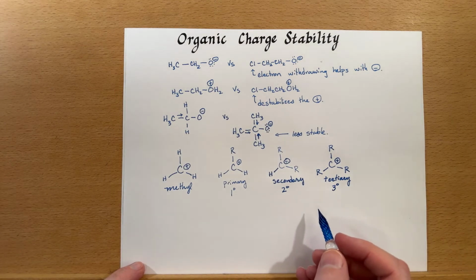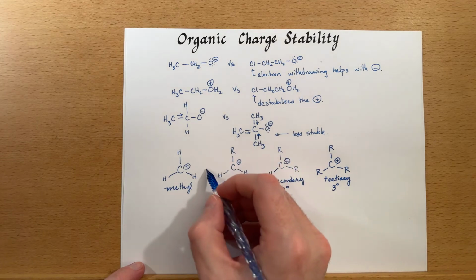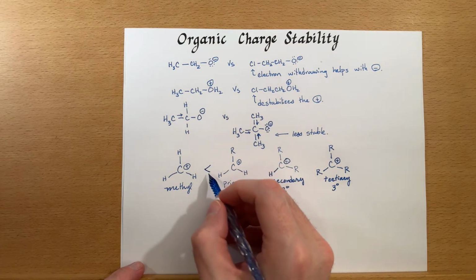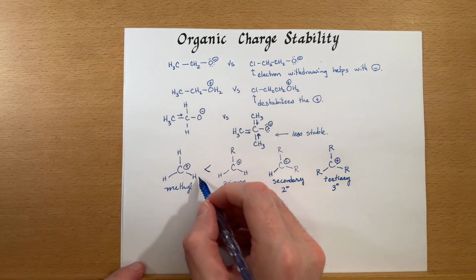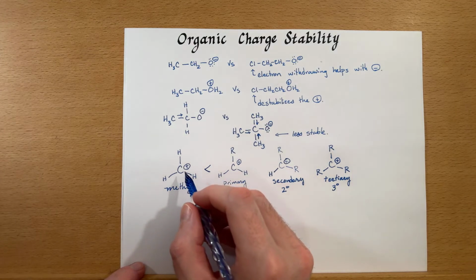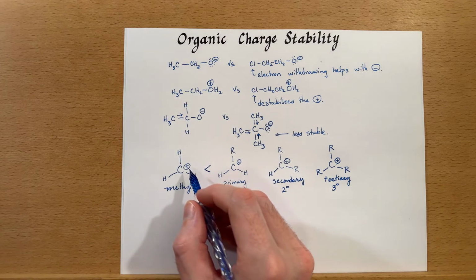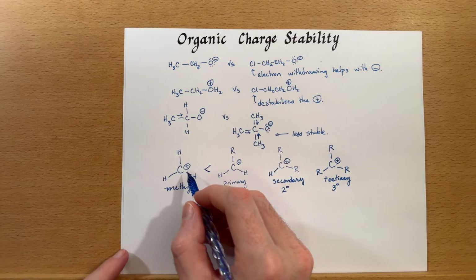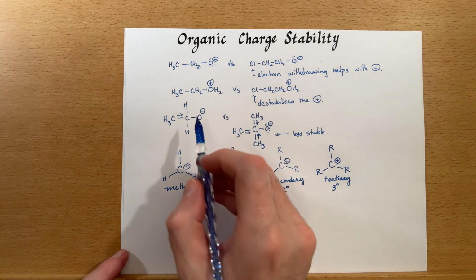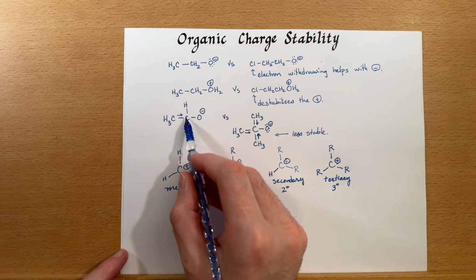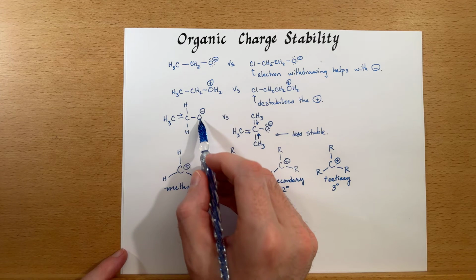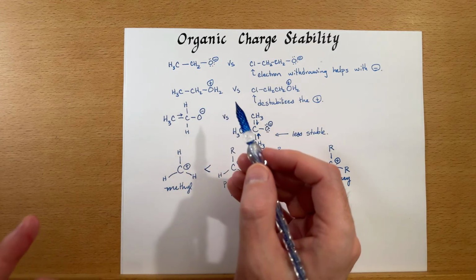I've listed these in order of their stability. So methyl groups are the least stable. They have the least electron donating. So here we have a carbon that's electron deficient, so it wants to have electrons sent into it. Up here we had an oxygen and a carbon that had excessive amounts of electrons because it's negatively charged.